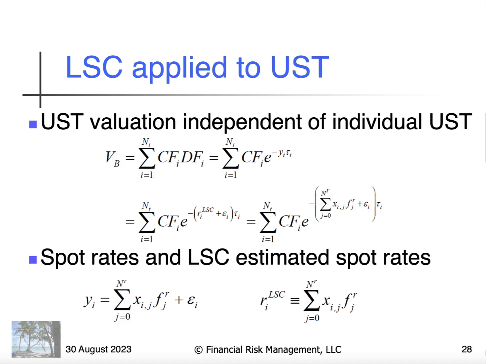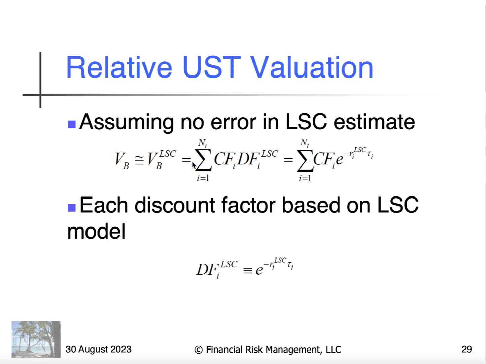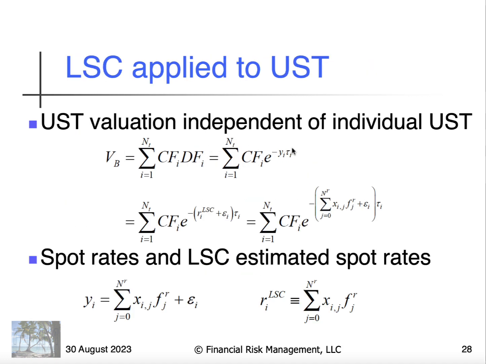And if we apply this to continuously compounded yields, we can build out a model where the value of the bond is equal to the cash flow at each point in time times the appropriate discount factor. That appropriate discount factor is basically just discounting at the fitted yield to maturity based on the LSC model.